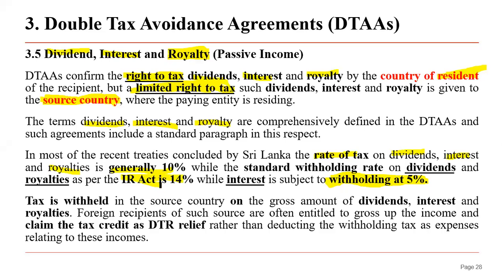Let's forget about the recent changes. Without taking recent changes, withholding tax on interest is 5% as per the Inland Revenue Act, and the treaty rate is 10%. Then are we supposed to apply 10% or 5%?